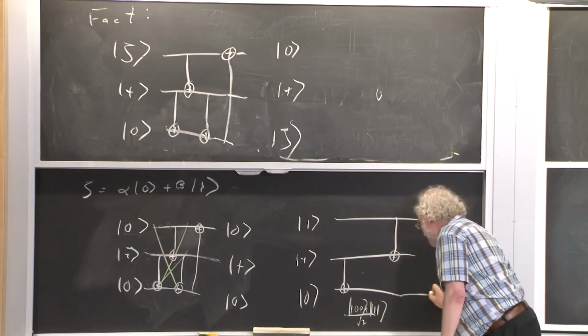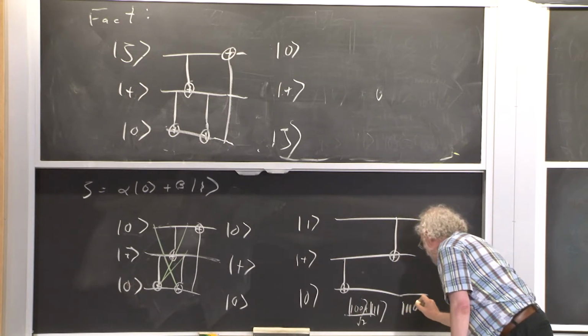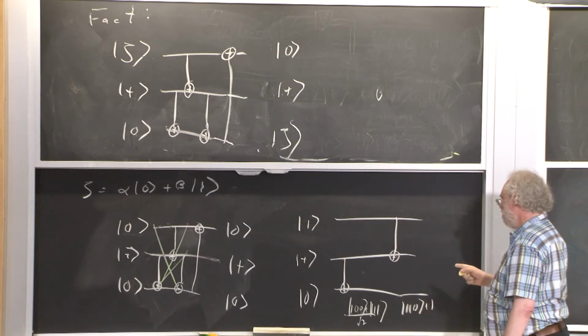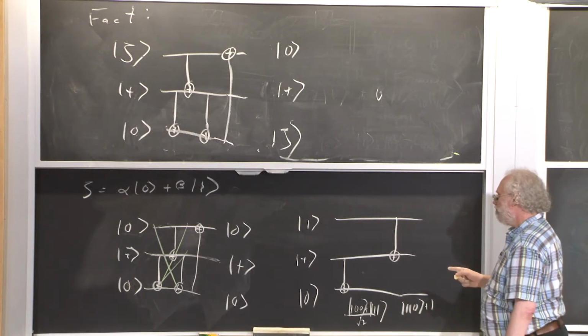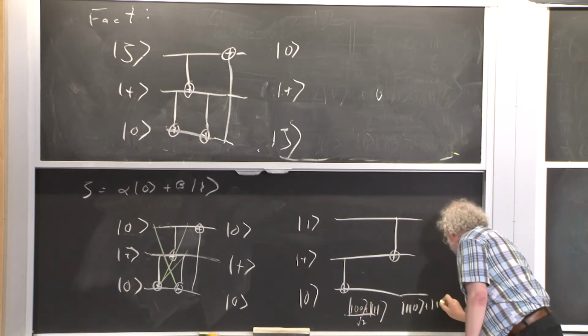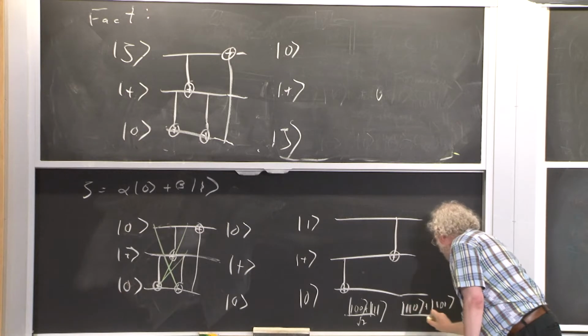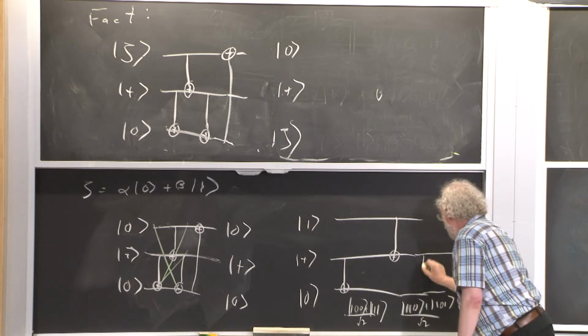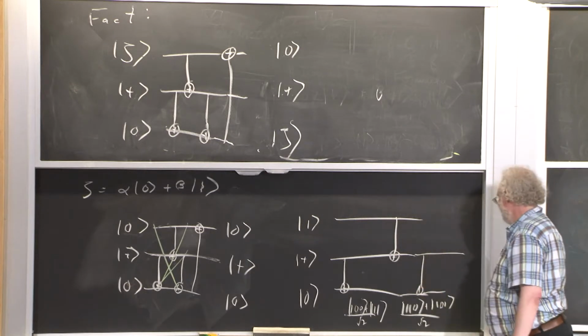So after this guy, the state is 1, 1, 0 plus 1, 0, 1. And now we do that again.